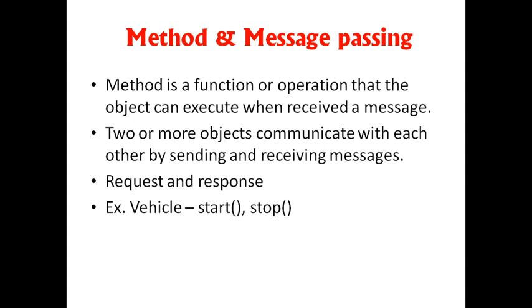Request for a particular operation and response by giving a message. What type of methods can be used? Suppose example is vehicle, the methods can be start, stop. Suppose example is person, then methods can be walk, talk, eat, sleep. These are examples of methods.